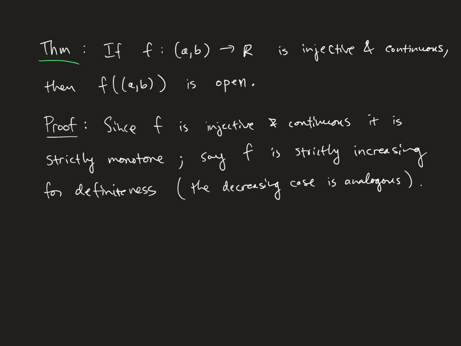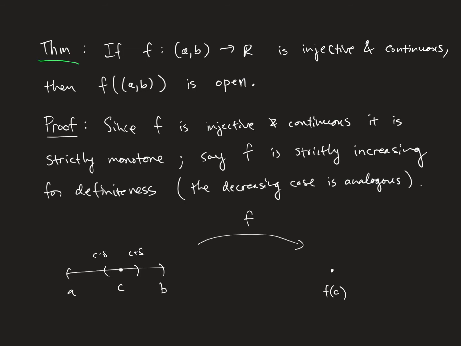So the basic idea here is if you have your interval AB, we have C in here. We want to say that the image is open, so we look at f of C over here. And, well, C is in this open interval, so there's some little delta neighborhood that fits around it. So C plus delta, C minus delta.